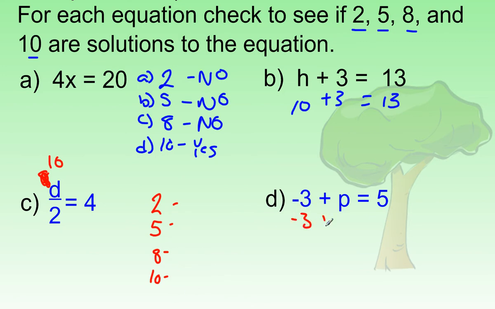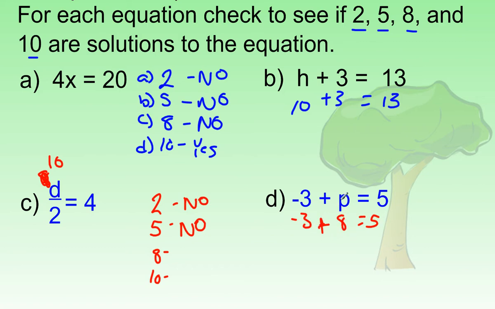Let's see, negative 3 plus 2 equals 5. Negative 3 plus 2 is negative 1, so no, that didn't work. Negative 3 plus 5 equals 5. Negative 3 plus 5 is 2, so that doesn't work. Negative 3 plus 8 equals 5.